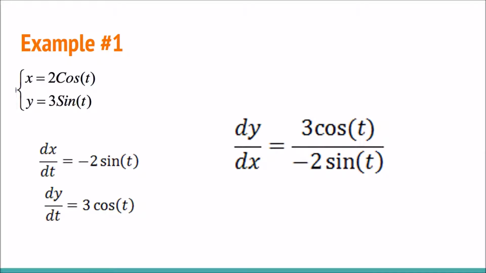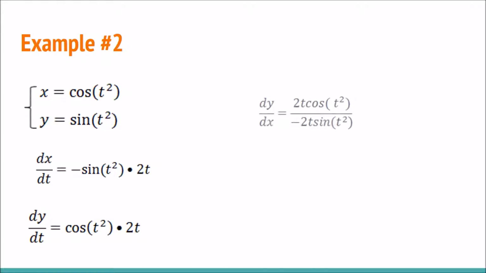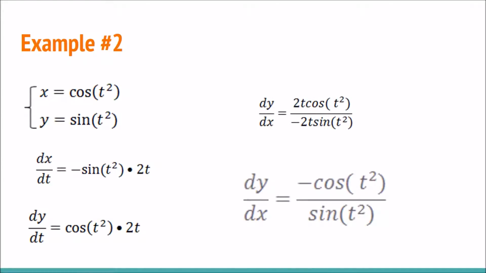When we have parametric equations of x equaling cosine of t squared and y equals sine of t squared, we get dy over dx equaling negative cosine of t squared divided by sine of t squared.